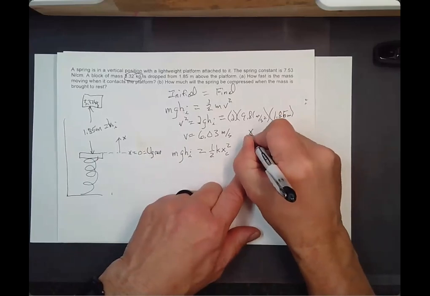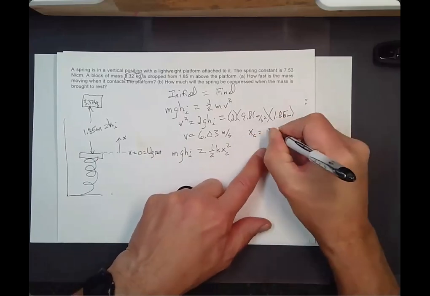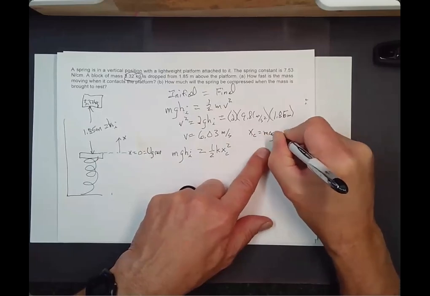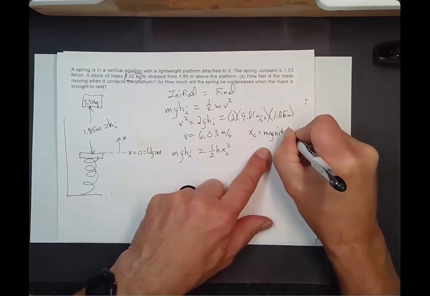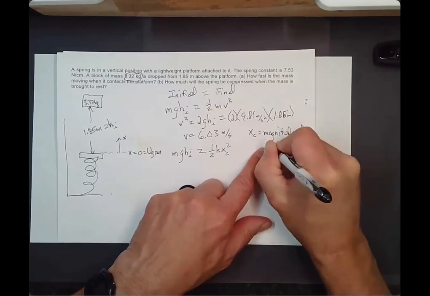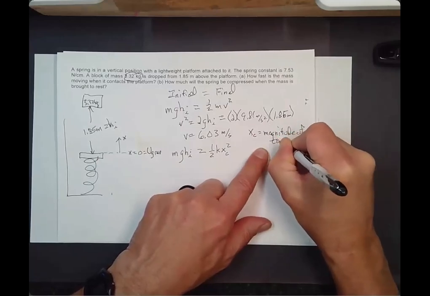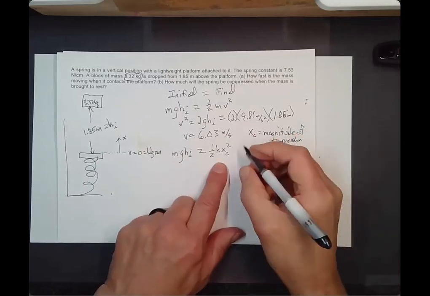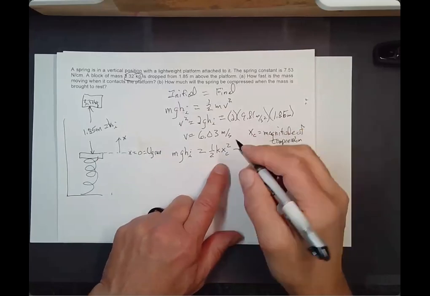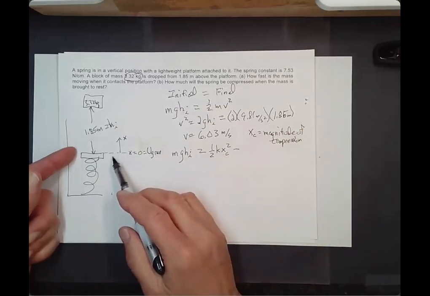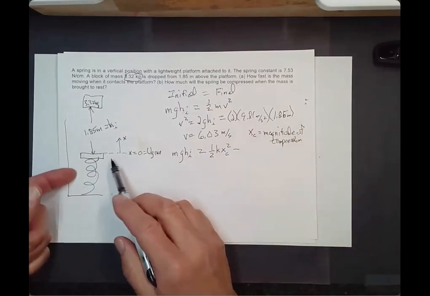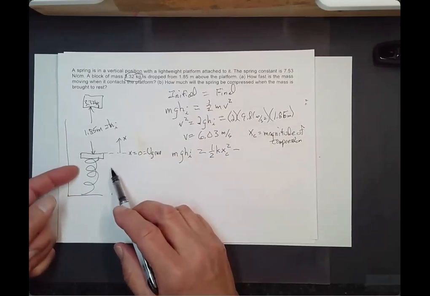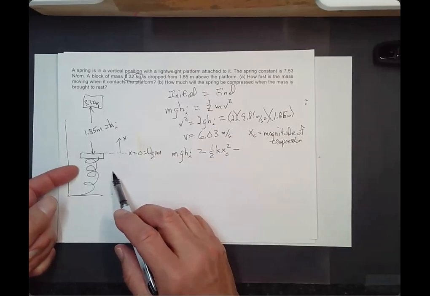I'm going to let x sub c equal the magnitude of the compression, which means it won't have a sign on it, but I can assign a sign to it. We're going to be below the 0 point for gravitational potential energy, and when that's the case, we'll have negative potential energy.